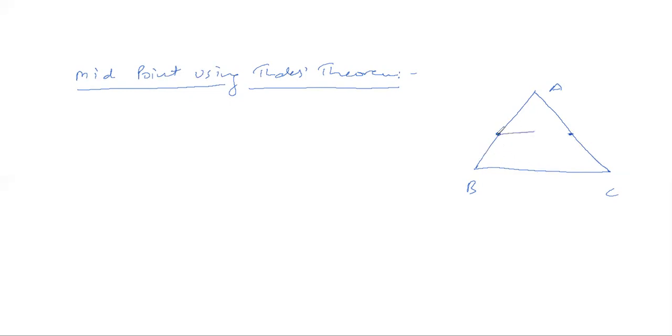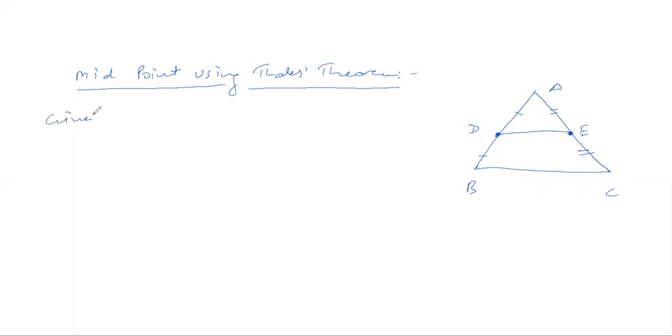So we'll extend it like this, means we'll join these two. D is the midpoint, that means these two sides will be equal, and these two sides will also be equal. So this is the midpoint, and this is also a midpoint. That means as per the midpoint theorem, this side DE is supposed to be parallel to BC.